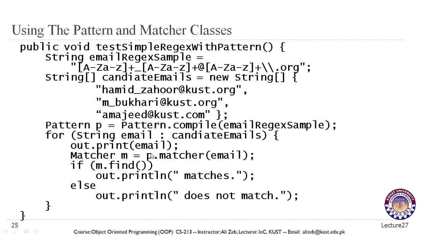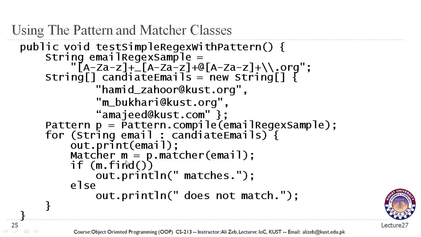Now all of the emails that are there in this array will be matched with this pattern, and if any of these are found matching, we look for those matching patterns and store them in an object of the Matcher class.